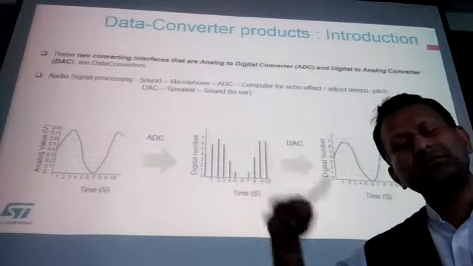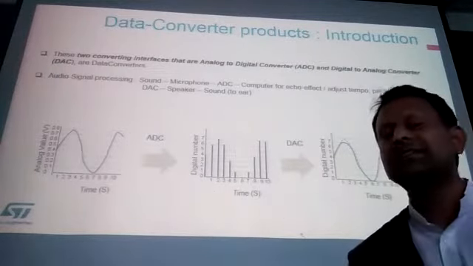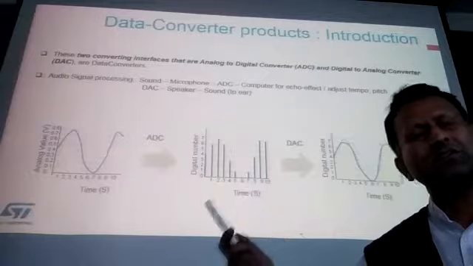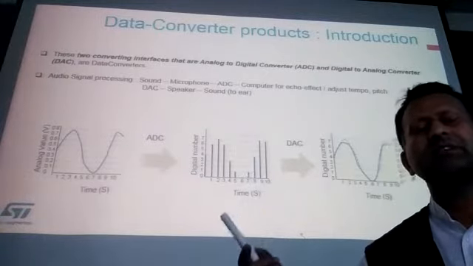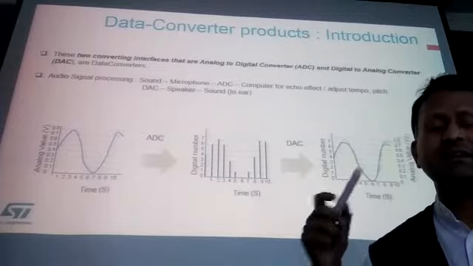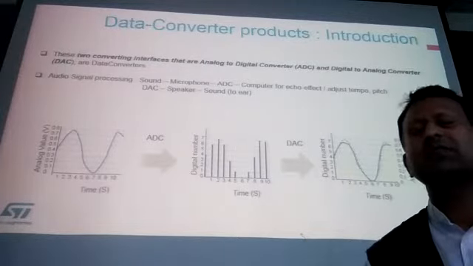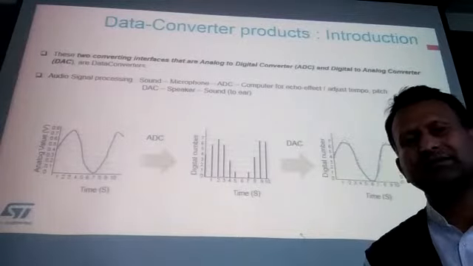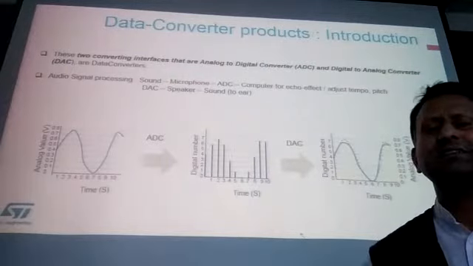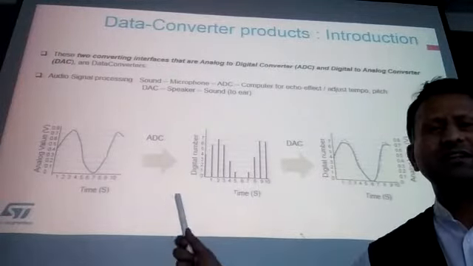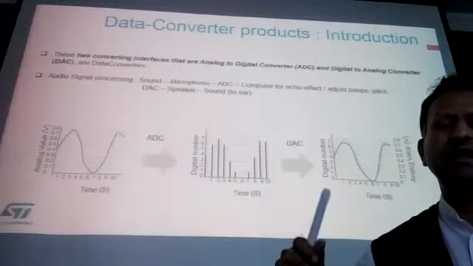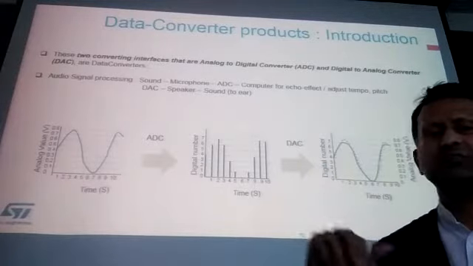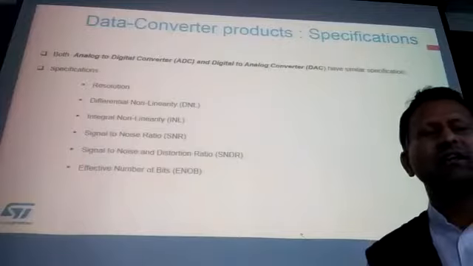Just in a broad way, in a crude way, we can say that this continuous signal can be represented in digital by dividing it into some discrete levels, and then these discrete levels, called the digital output, can be converted into analog again by assigning them some analog quantity, and we can receive the continuous time analog signal.